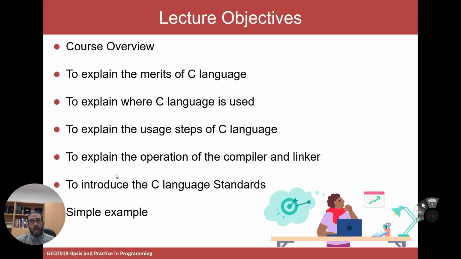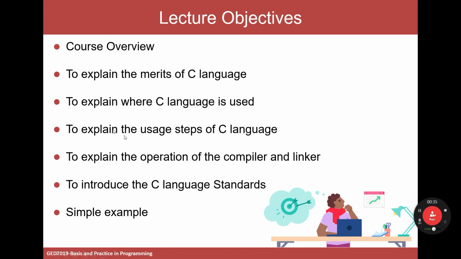So the outline of the lecture today, which will be our first lecture, is course overview, and then we will try to explain why we are going to use C language, which is the programming language we are going to use in this course.